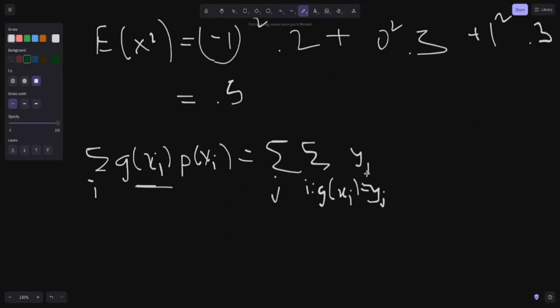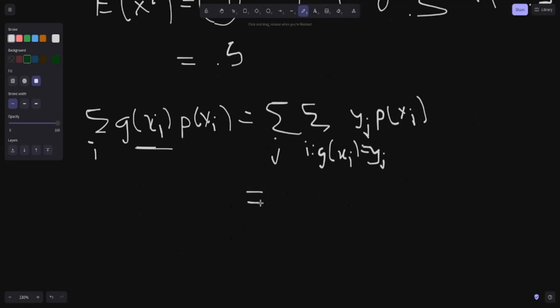So I'll do yj p(xi). So it's the same thing. Okay, so I'm just introducing a new variable j, that's why a new summation has popped up. Okay, so this thing is done.